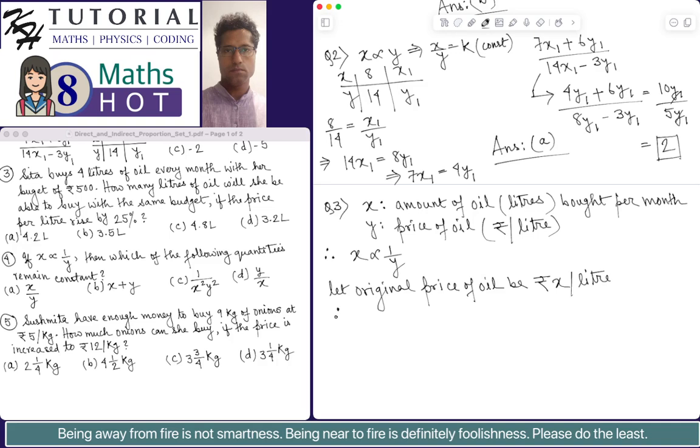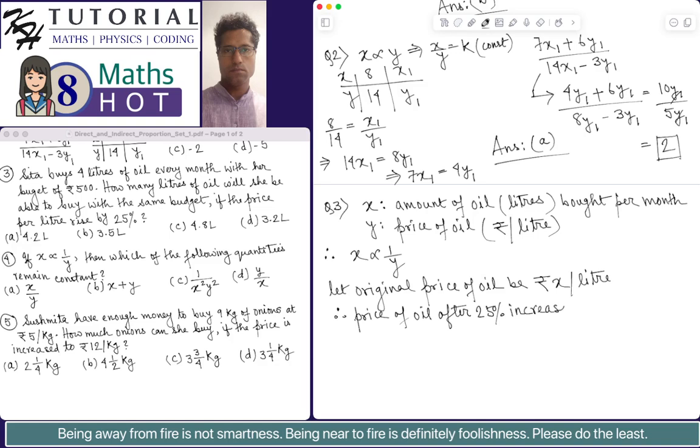Now, it is given that... how many liters of oil will she be able to buy with the same budget if the price per liter rises by 25%. Okay, so the price of oil after a 25% increase means 25% more.